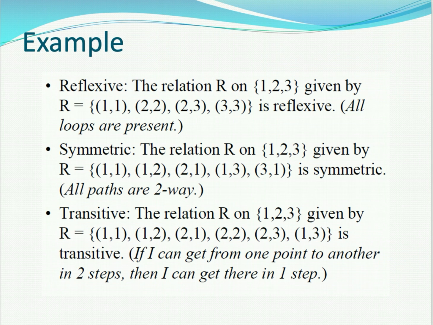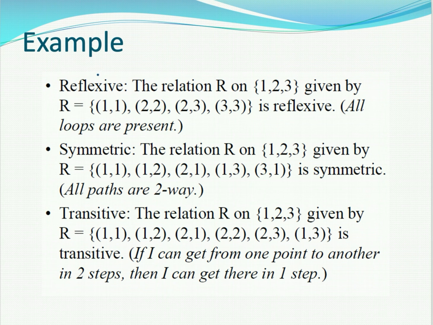Alright. So this is another example. It is very important when we talk about the properties of the relation. You must take into account all the elements in that specific set.